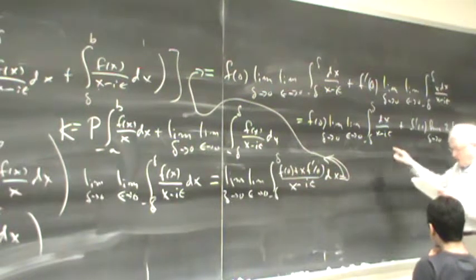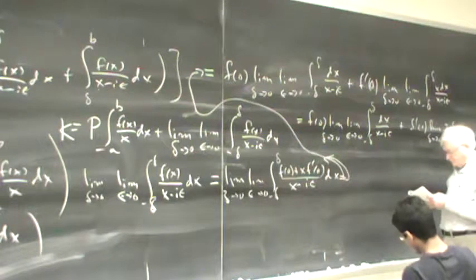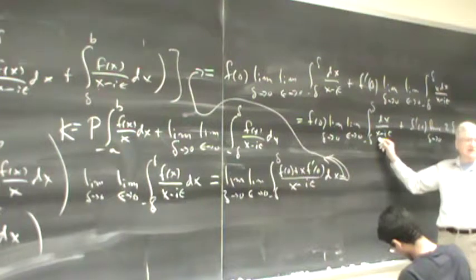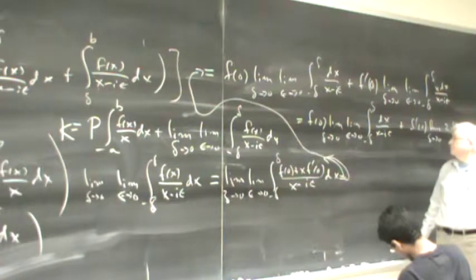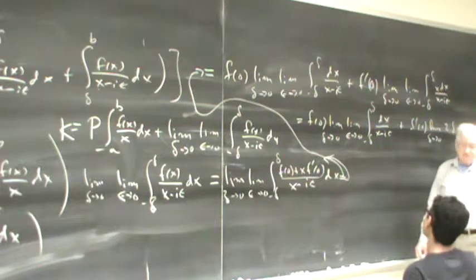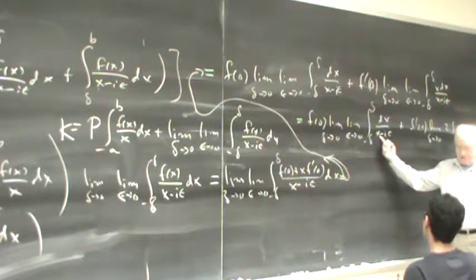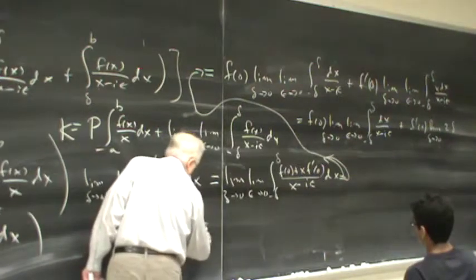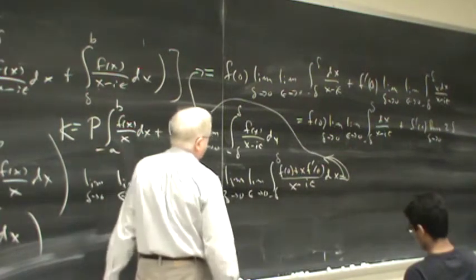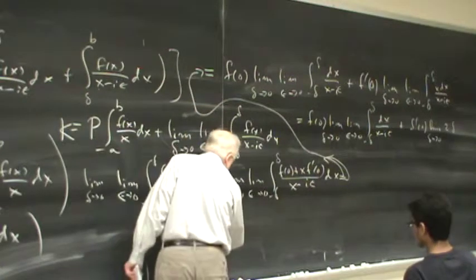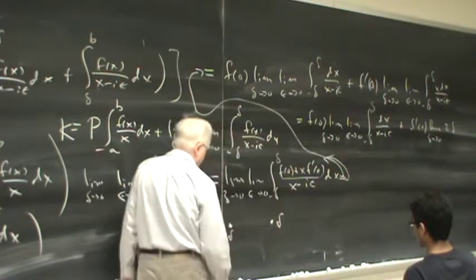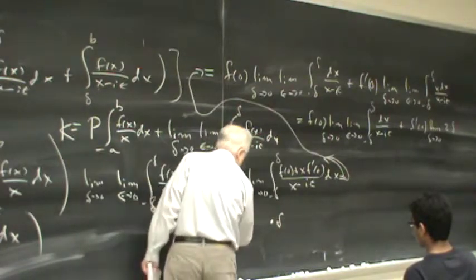And okay, so now we focus on this one. And of course, what's going on here? Well, we can consider x to be a complex variable. In other words, we can think of it as 1 over z minus I epsilon, and we're integrating from minus delta to delta, and originally we're going straight across.